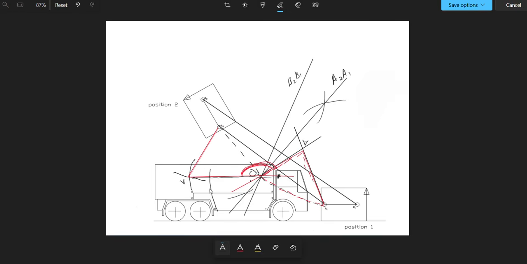So let's say I place my compass needle here, and then I got this arc, which is 1.58 times AB. I'm going to join this point to this point with a straight line like this. And then I'll join this point, which is the AB, to this also with a straight line. So that's all. That's the hydraulic actuator.